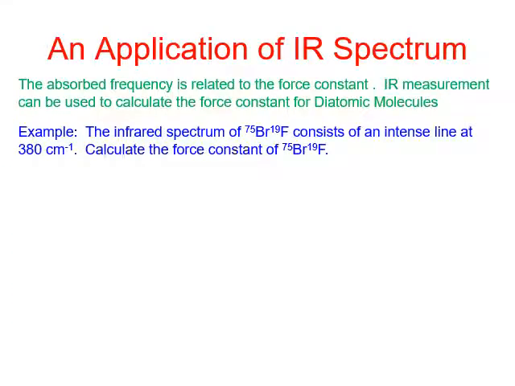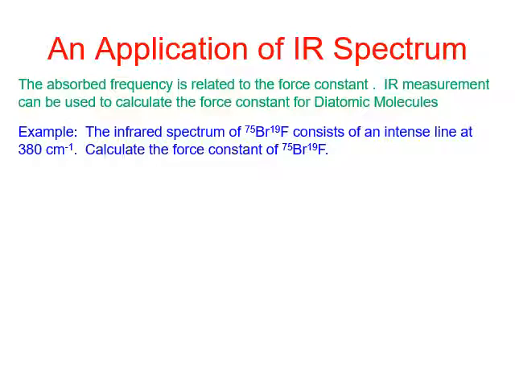Example: the infrared spectrum of boron fluoride consists of an intense line at 380 inverse centimeter. Calculate the force constant of boron fluoride. Boron fluoride is a diatomic molecule.